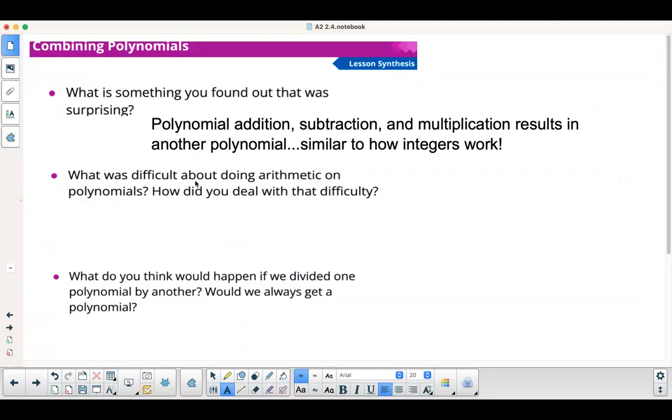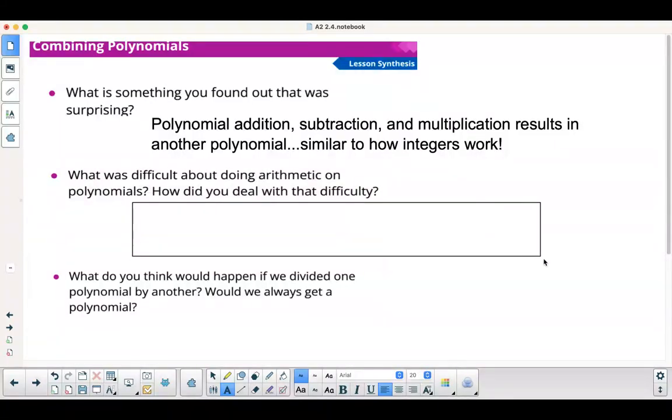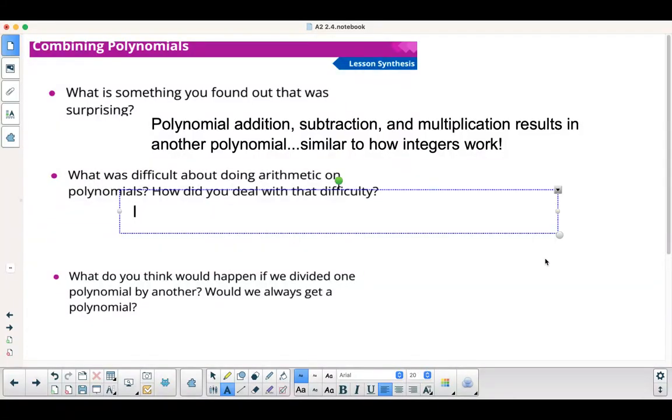What was difficult about doing arithmetic on polynomials? How'd you feel with the difficulty? I would say it is a little tedious because you can't do it in your head.